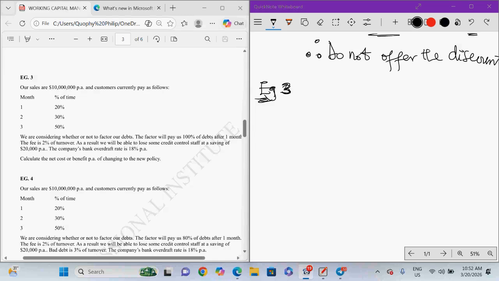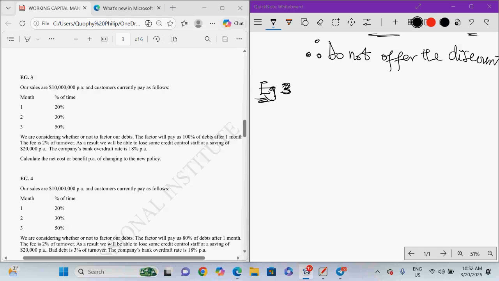Our sales are $1 million per year, and our customers currently pay as follows. So we have the month and the percentage of time. For the first month, 20%; month 2, 30%; and month 3, 50%. We are considering whether or not to factor our debts. The factor will pay us 100% of debts after 1 month.